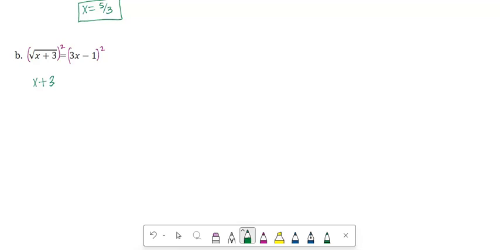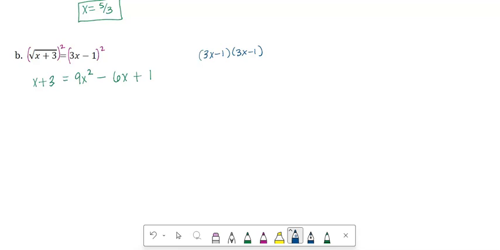On the right-hand side, I need to remember to multiply this out using a FOIL method, so I'll end up with 9x squared minus, I multiply these two terms together and double them, so that'll be minus 6x and then plus 1. So just to remind you, I'm doing 3x minus 1 times 3x minus 1.